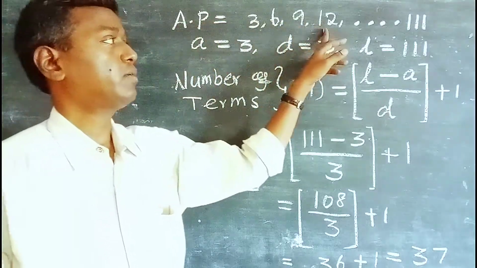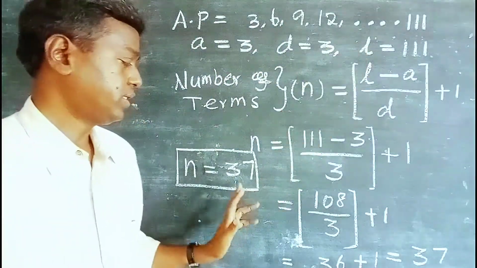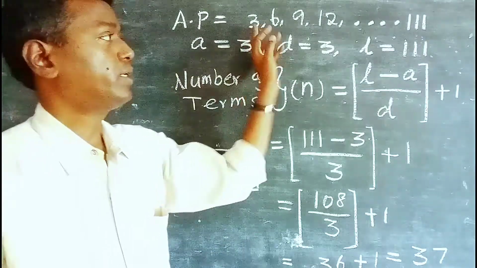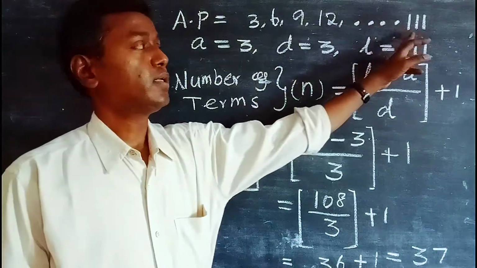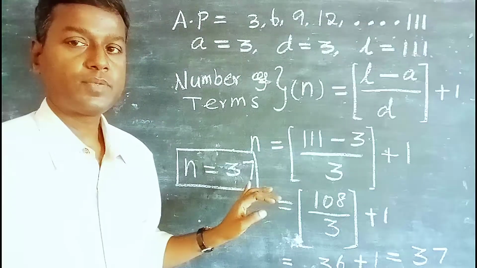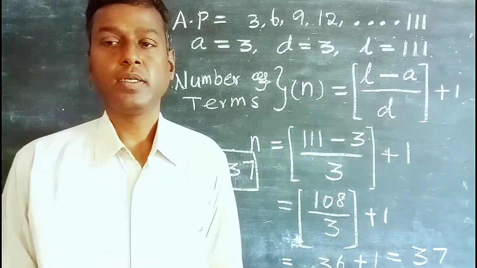The given arithmetic progression has 37 terms from 3 to 111. Counting 1, 2, 3, 4, like that we get 37 terms in the given arithmetic progression.